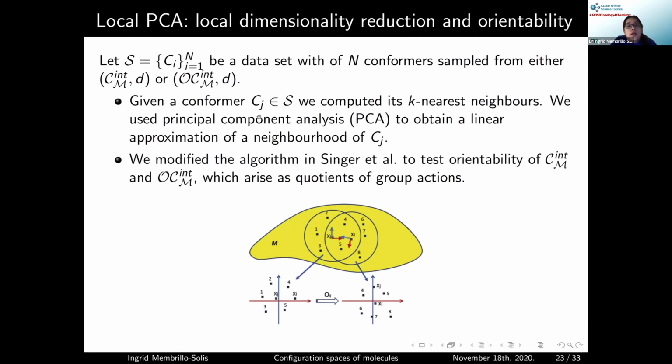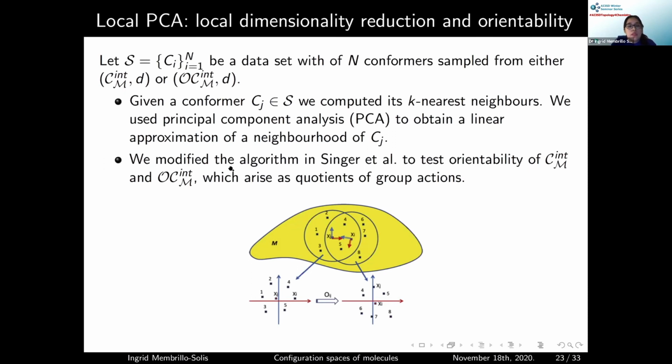To do this, given a conformer, we computed its k nearest neighbors, and using local PCA we obtain a linear approximation of this neighborhood.